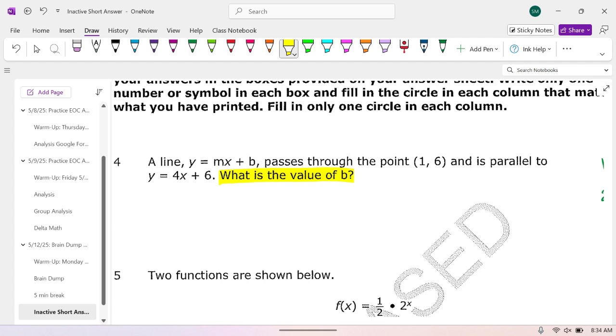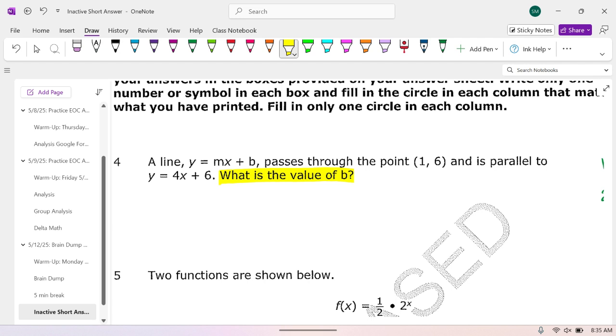Read the problem. So a line y equals mx plus b passes through the point (1, 6) and is parallel to y equals 4x plus 6. All right. So let that stew for a second. Think about it. All right.